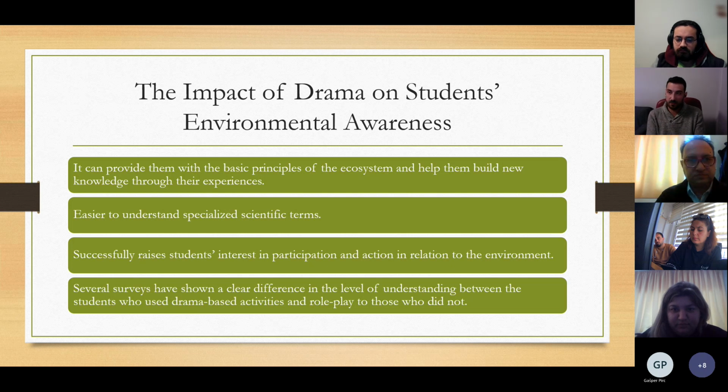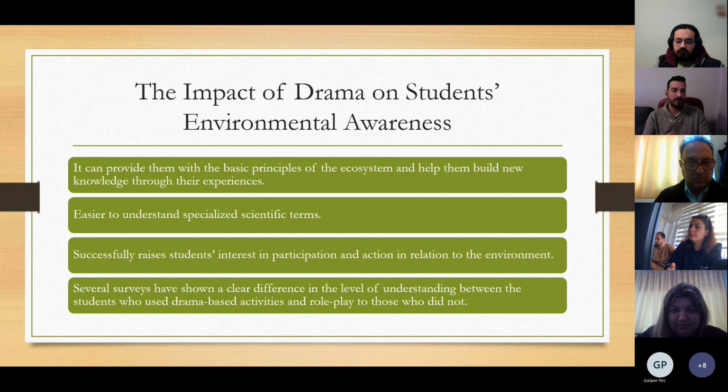So scientific terms become more comprehensible. And of course, it also raises our students' interest in both participation and action in relation to the environment. So it is not only that they will probably be asked to perform a theatrical play as part of our classes, but they will also be exposed to some further knowledge.